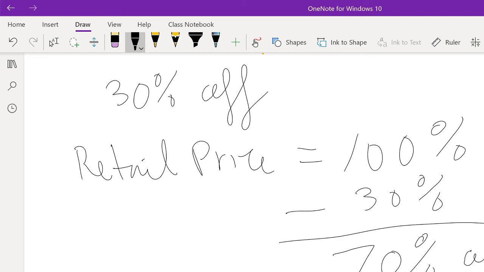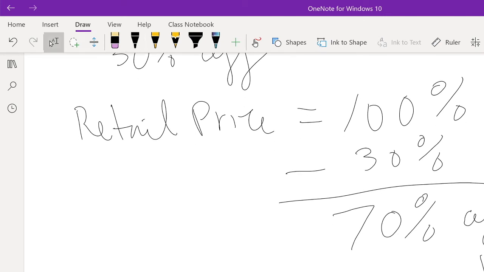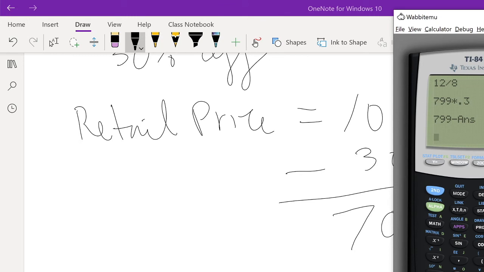Again, these calculations are done with percent, so to calculate the sale price for the problem we're working on, we start with the retail price of the TV, $799. But in this case, in one step, instead of 0.3, I'm going to multiply by 70% or 0.70. Notice one operation: 799 times 0.7.